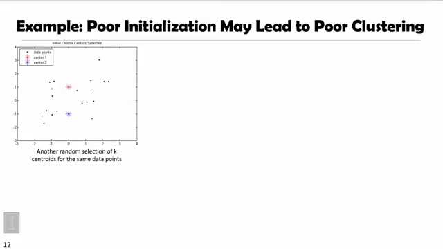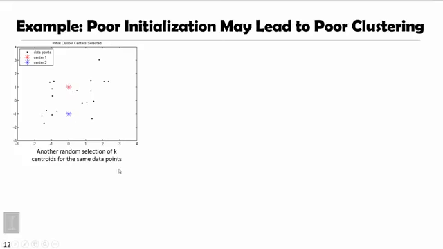Now I'll give you a simple example where you can probably see that poor initialization may lead to poor clustering. For example, we take the same data set, those black points, as shown before. Now we initialize 2 centroids, the red one here and the blue one here.